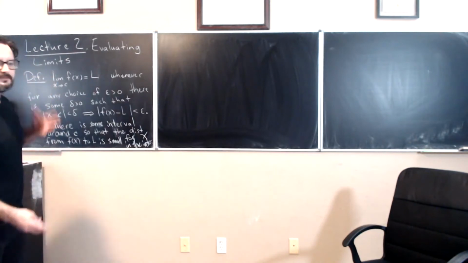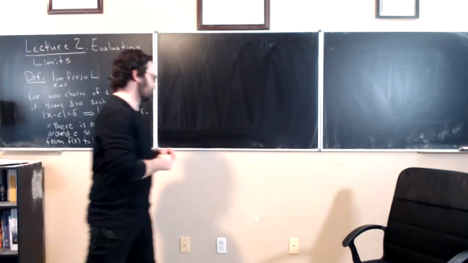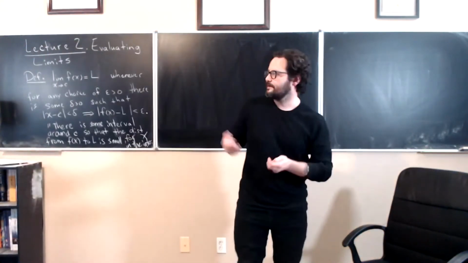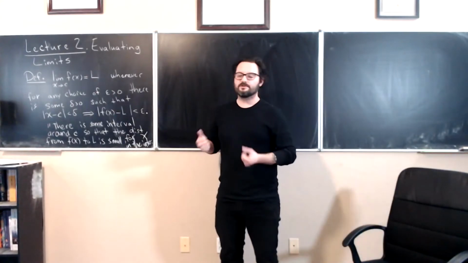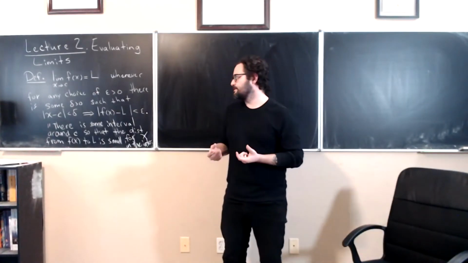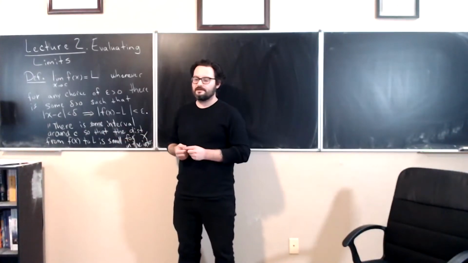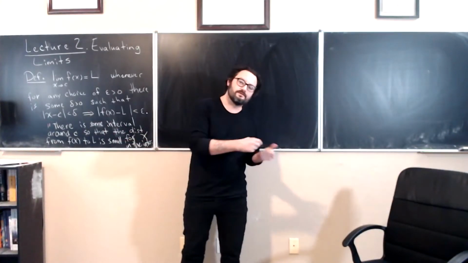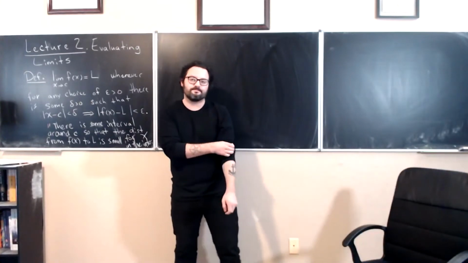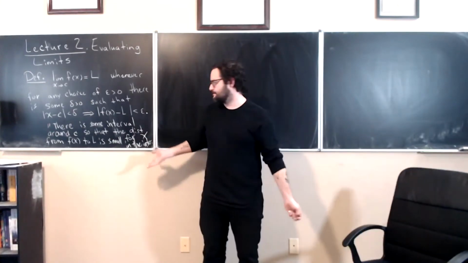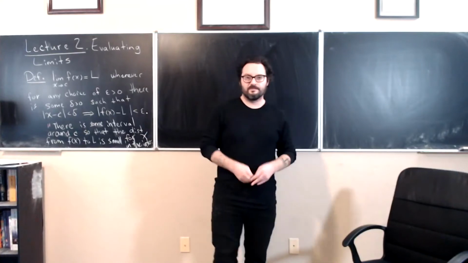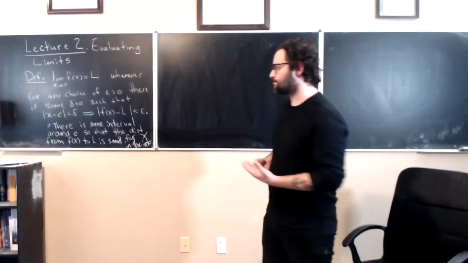So this definition is saying that the limit of f of x as x approaches c is equal to a number L. That is true whenever there's always some interval around c that makes the function as close as we want to the limit. That's what it's saying. But that's the idea, right?